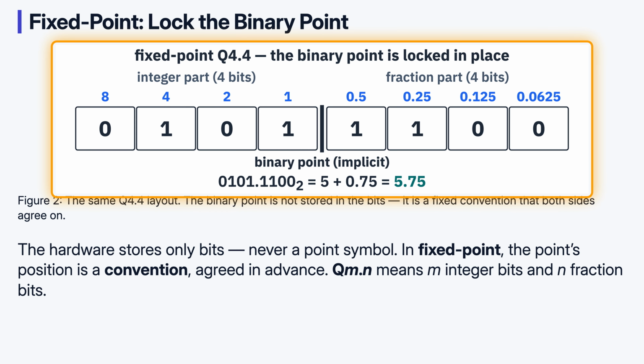We write a format as the letter Q, then the number of integer bits, the 4 bits on the left here. Then a dot and the number of fraction bits, the 4 bits on the right. So Q4.4 means 4 integer bits and 4 fraction bits, packed into one 8-bit value. The hardware just stores an ordinary integer. The programmer remembers where the point belongs.